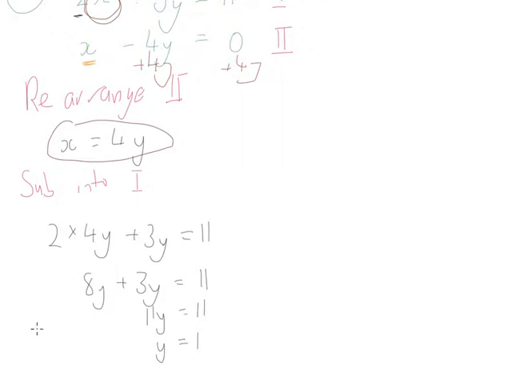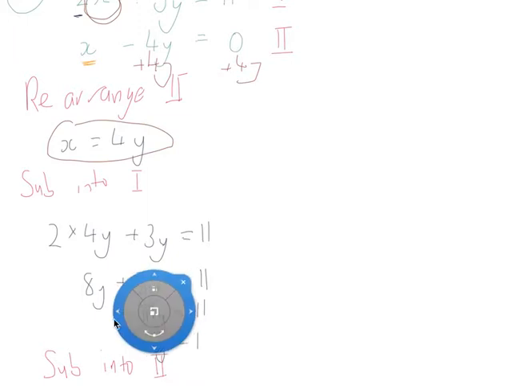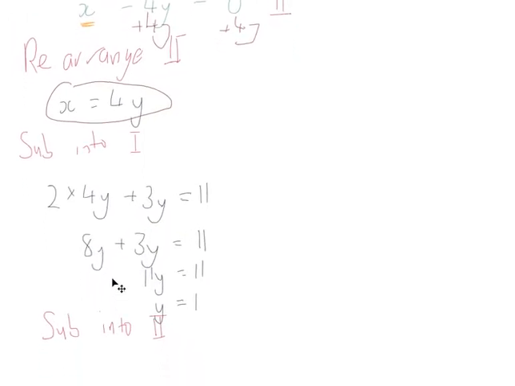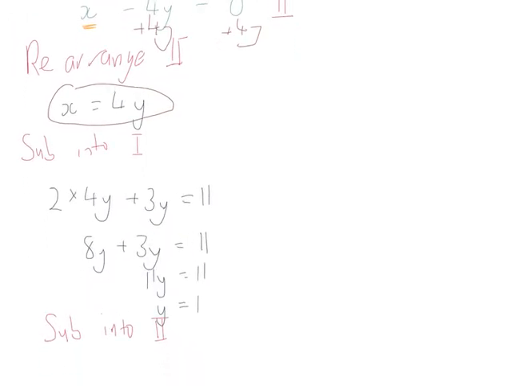Alright, so you need to get the x value too. To get the x value, we're going to substitute that back into an equation. I'm going to sub it into equation 2, because equation 2 looks easier here. So equation 2, it's going to be x minus 4 times 1 equals 0.